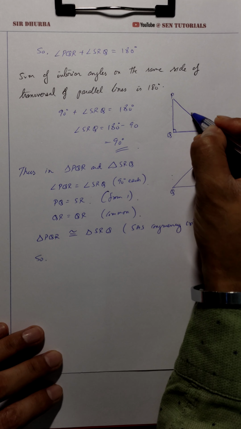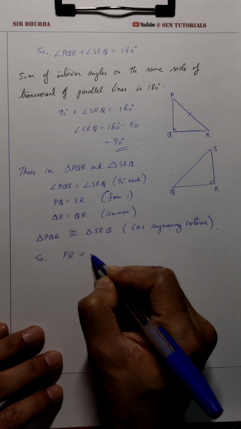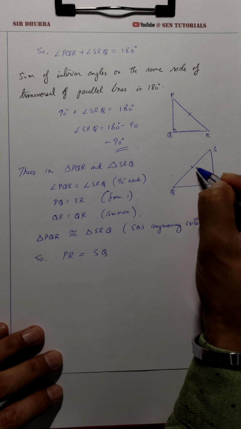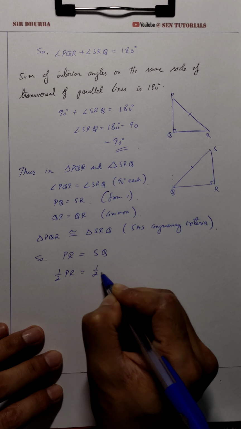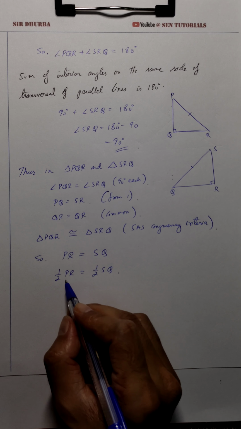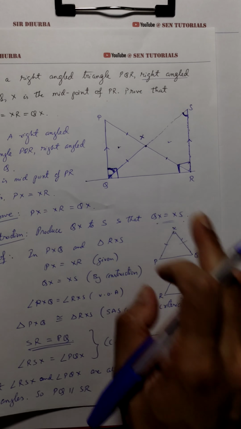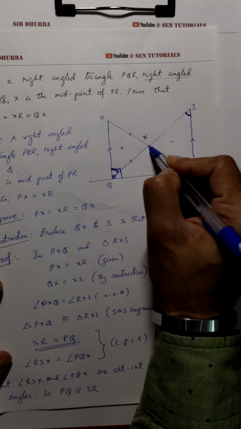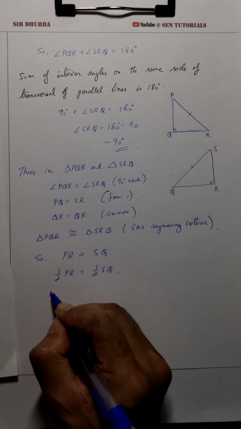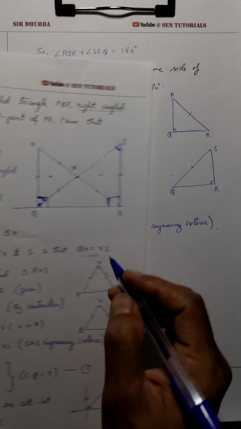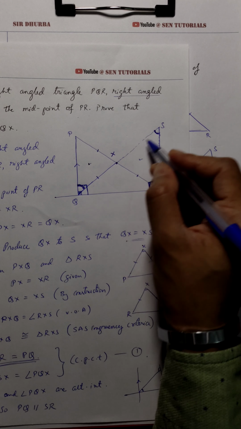So PR would be equal to SQ. If I divide by half, what is half of PR? X is the midpoint, already given, so we need PX or XR, anyone. So half of PR is PX. And what is half of SQ?